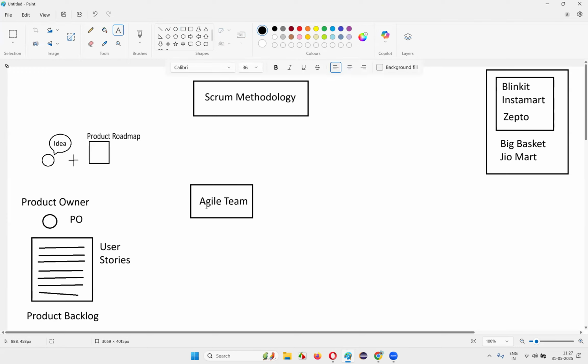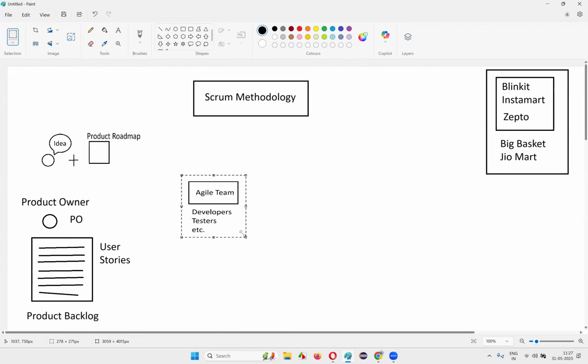This Agile team will consist of developers, testers, etc. Whoever is required for the project will be part of the Agile team. The Agile team will consist of developers, testers, etc.